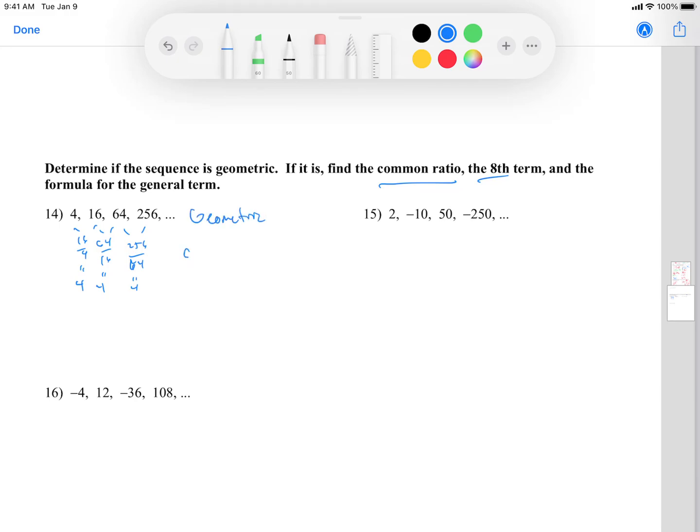I put D. Its common ratio is 4. And its a sub n is equal to my first term, which is 4, times my r, which is 4, to the n minus 1.